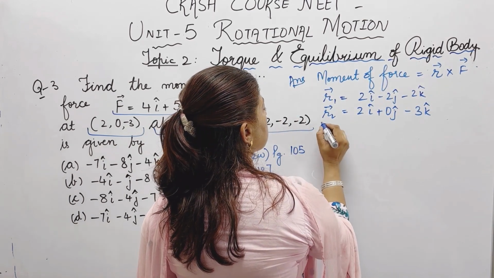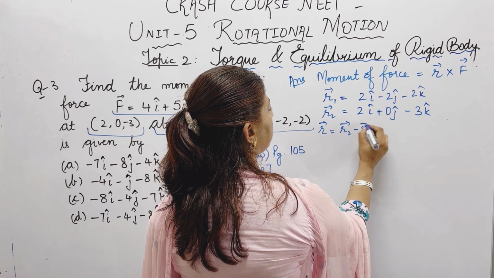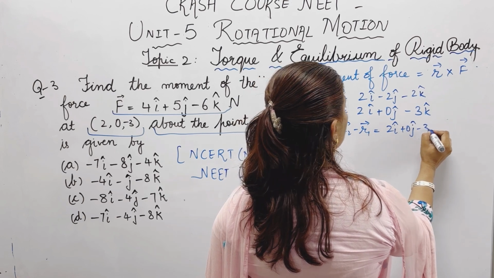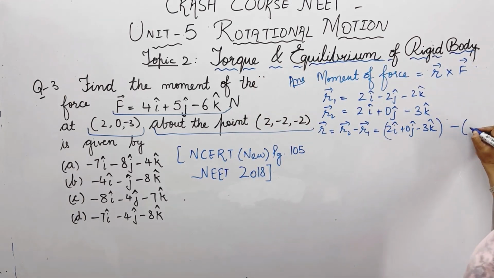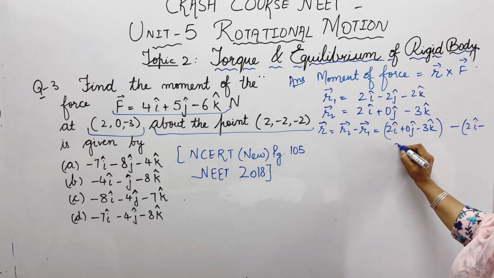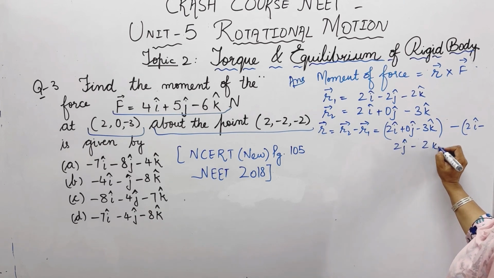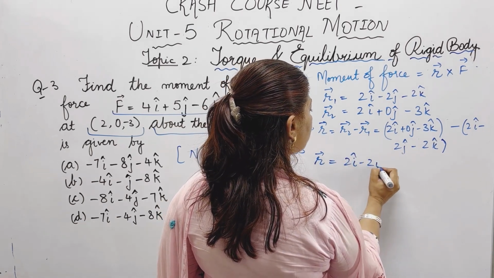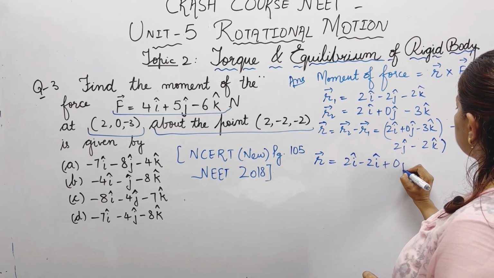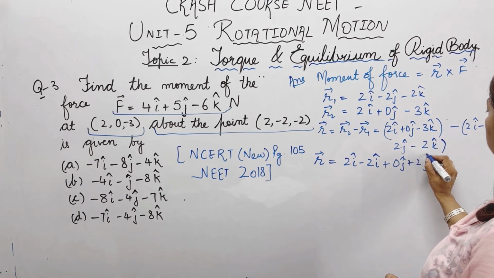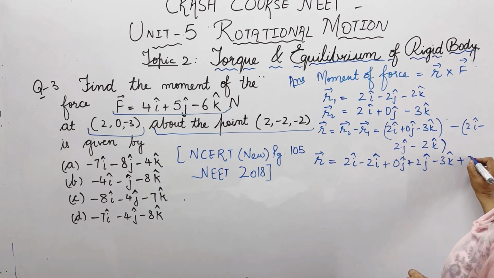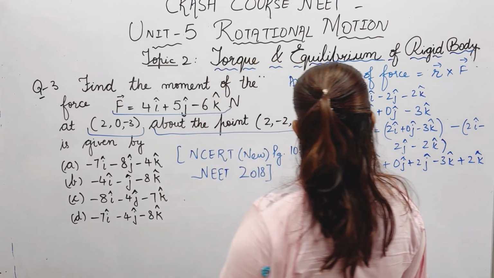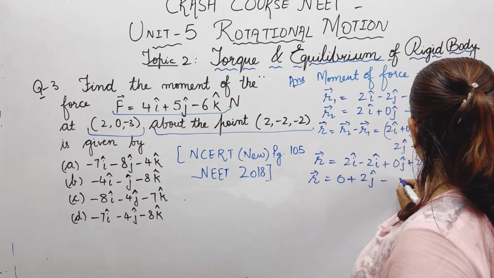The value of r is given by R2 minus R1, and this value comes out 2i minus 2i cap plus 0j cap plus 2j cap minus 3k cap plus 2k cap, or r vector comes out 0 plus 2j minus k cap.